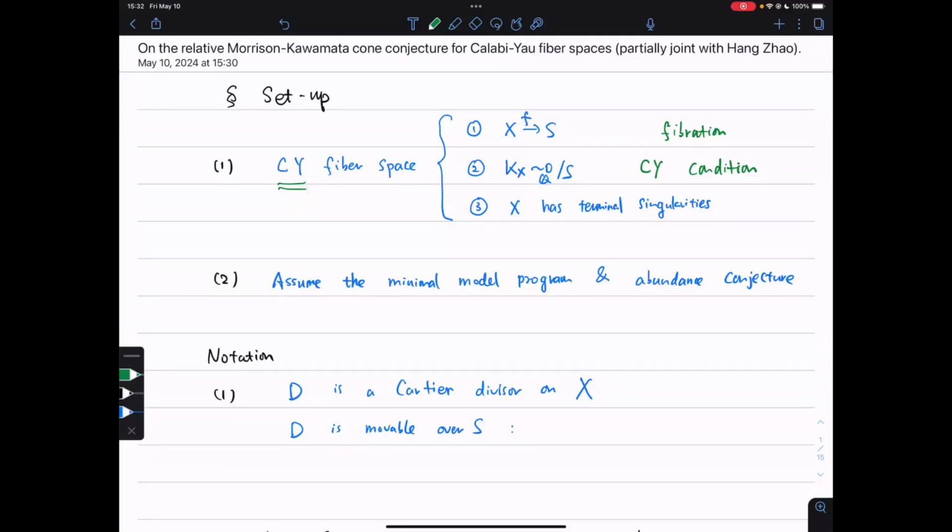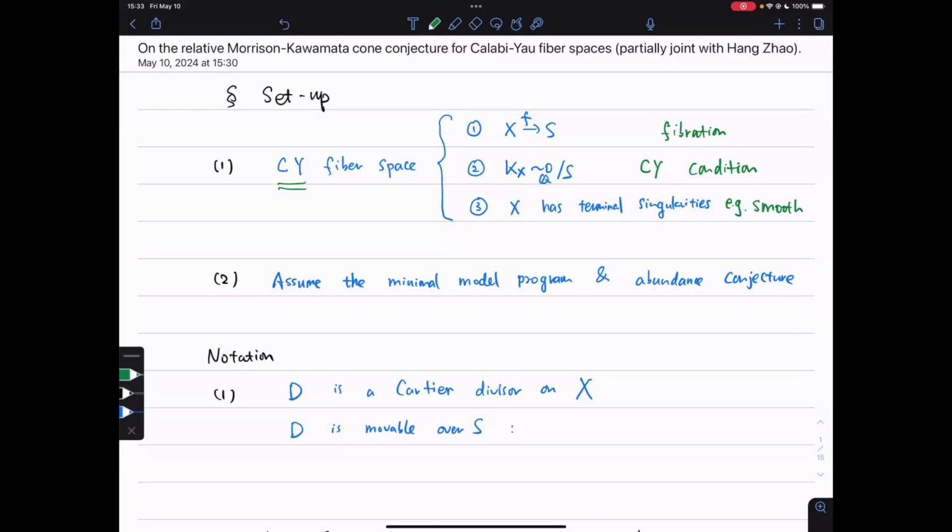It could be singular, but you can just think it's smooth. So we're assuming it's smooth. These are the 3 conditions for the Calabi-Yau fiber space. And I also assume the minimal model program and the abundance conjecture throughout this talk.